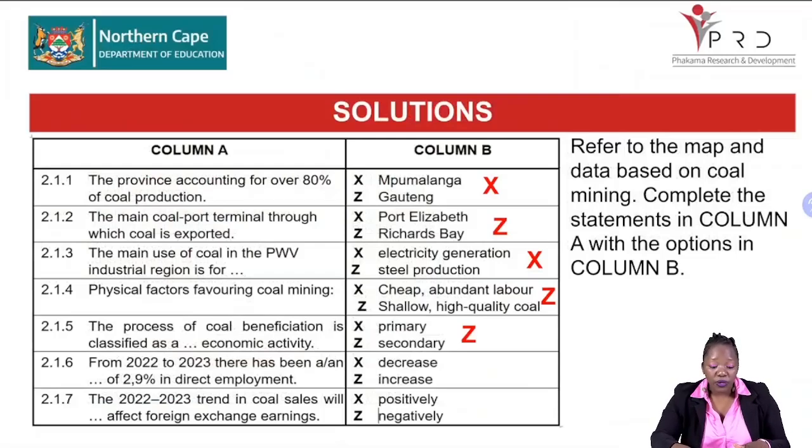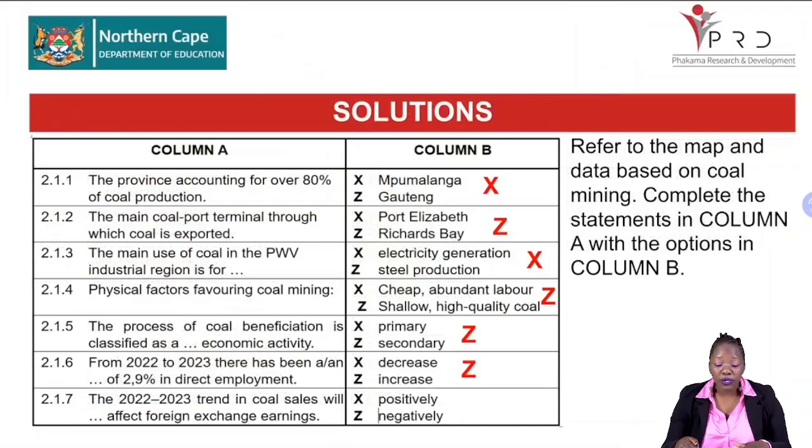Then your 2.1.6, from 2022 to 2023, there has been an A or N. Is it a decrease or an increase of 2.9% in direct employment? So looking at the graph again, there is an increase of 2.9%.